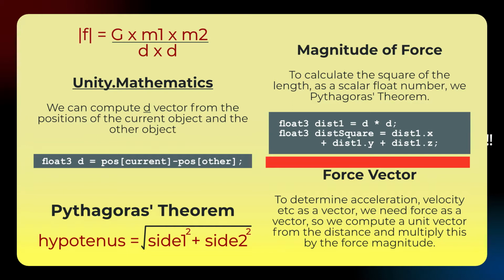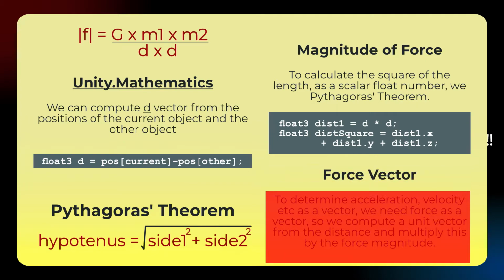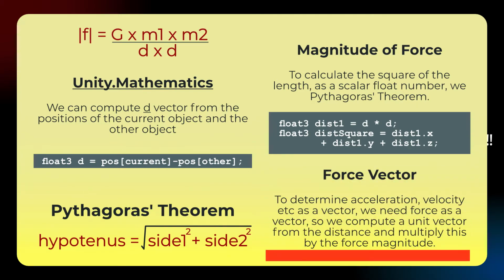Now because we also want a force vector, we need to calculate a unit vector, and then multiply that by the force magnitude. The way to get the unit vector is to take the distance d and divide it by the square root of the dist square value, and then we end up with a vector which is unit length.